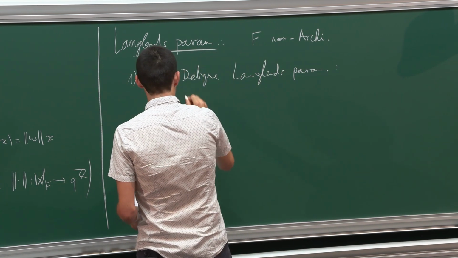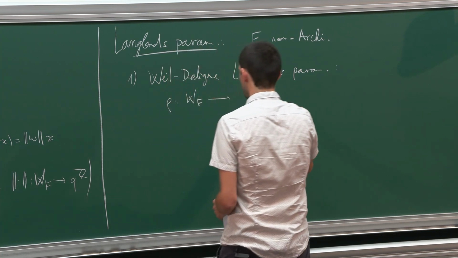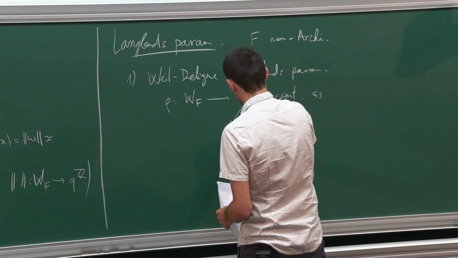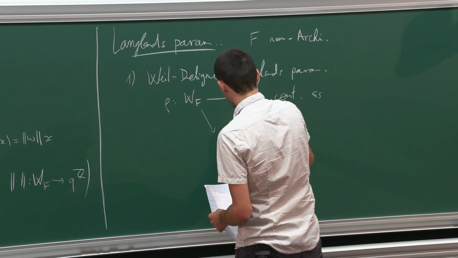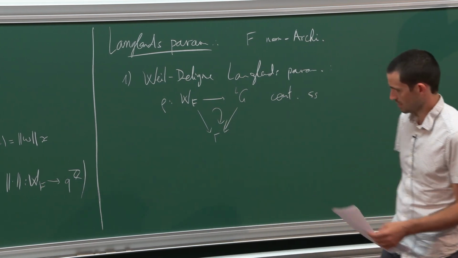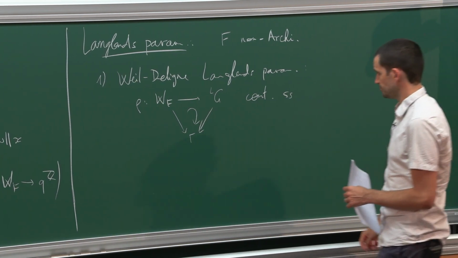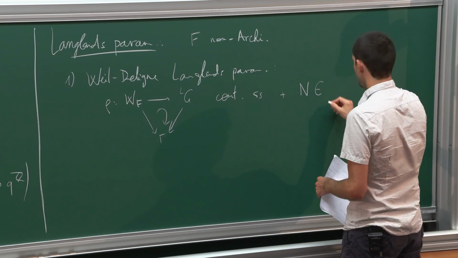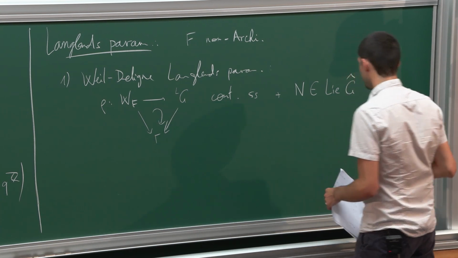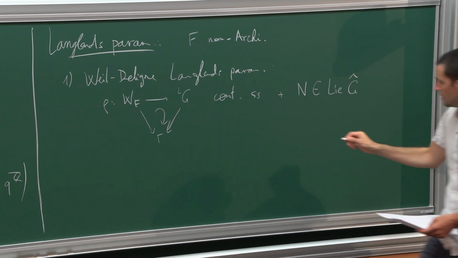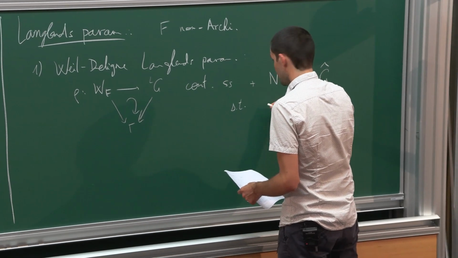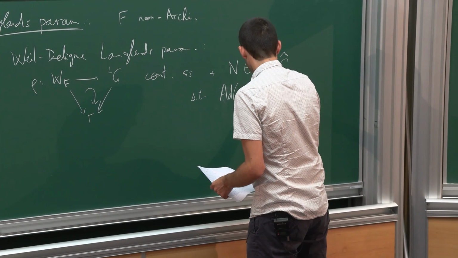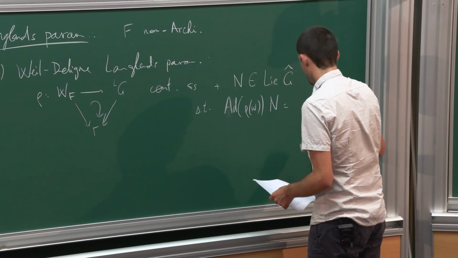So the version with one, let's call them Weil-Deligne Langlands parameters, is so you take a rho like this, continuous, semi-simple, and such that the map to gamma gives you a commutative diagram. And an element N of the Lie algebra of G hat, such that we have the following relation.